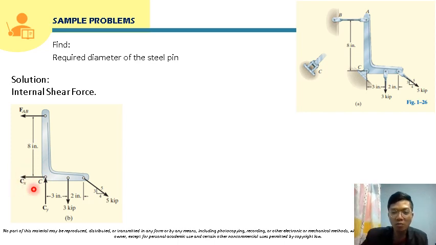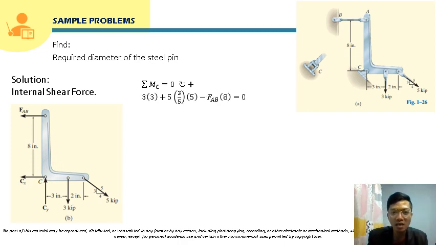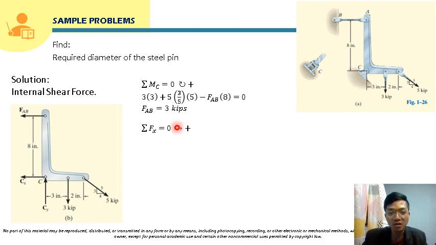To solve this, we are going to use equilibrium equations. We can sum up moment at C, and after we take moment at C, we can solve for FAB. After we solve for FAB, we can sum up forces horizontal. Our assumption is positive for forces directed to the right.